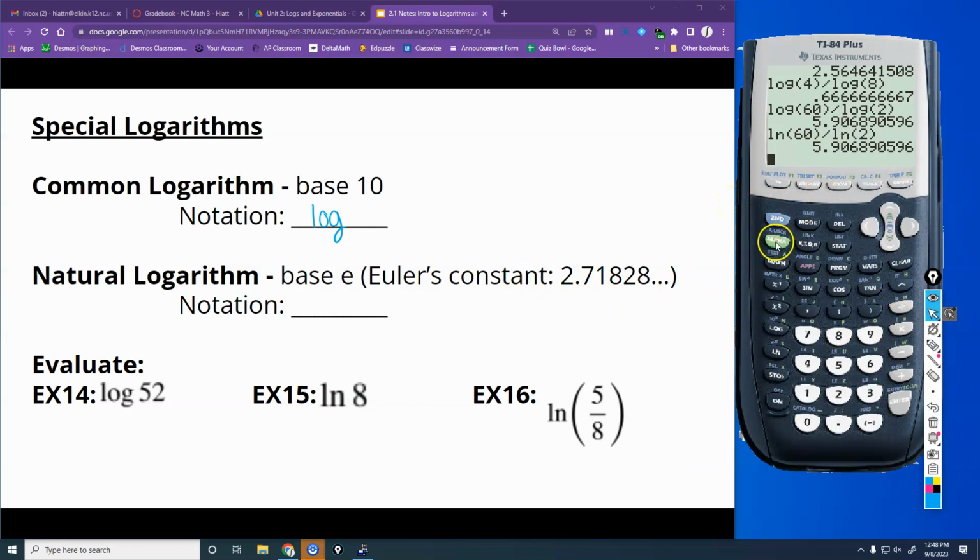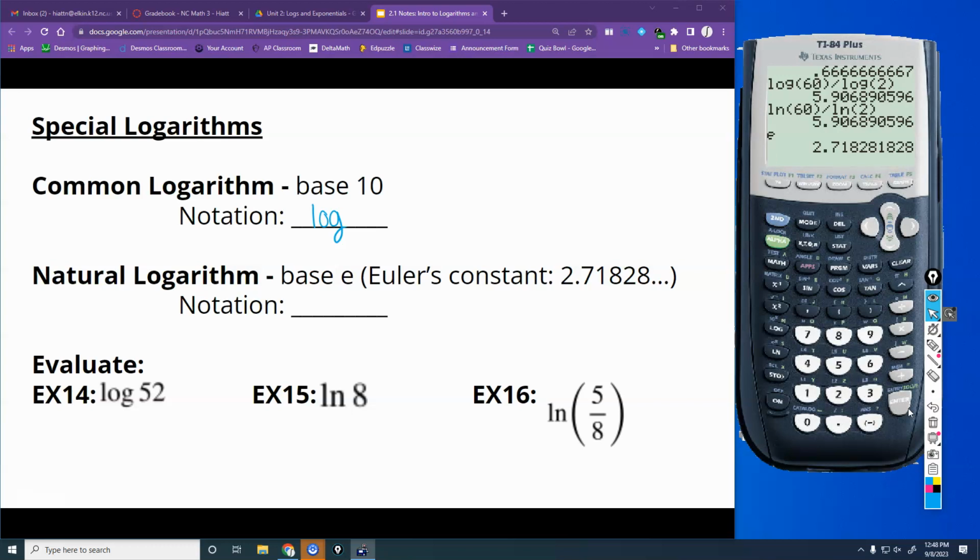It's actually stored in your calculator. If you look right above your division symbol, you've got that little blue E. If you hit the blue button and the division symbol, it'll put an E right there. Try that on your calculator, see if you can find it. If you hit enter, it'll give you the approximation for it. It's 2.718281828, and that keeps on going forever.